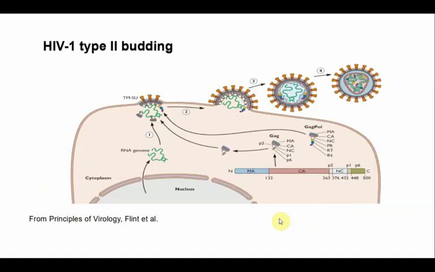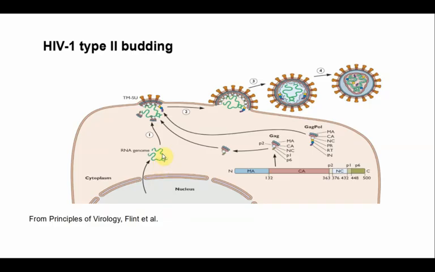Okay, so I'm going to look in the last 10 minutes in a bit more detail at HIV budding and release. So here's the process. Maybe I should have kept more time for this. You've got the full-length RNA genome copies, which are exported into the cytoplasm.